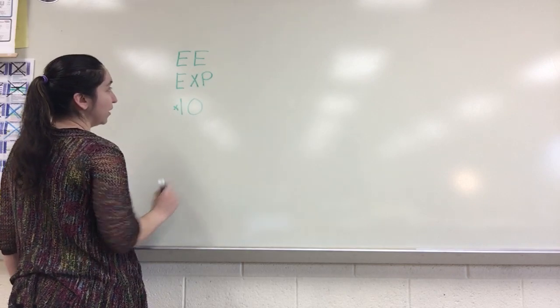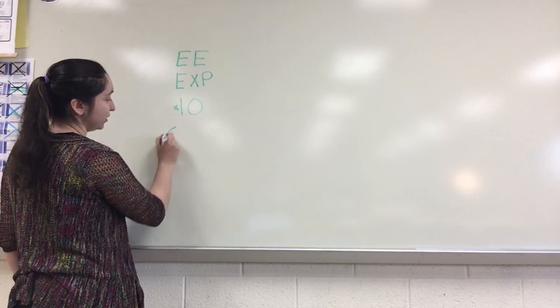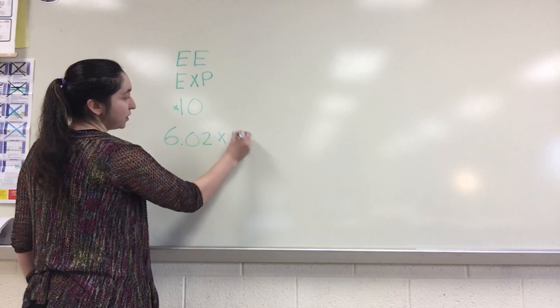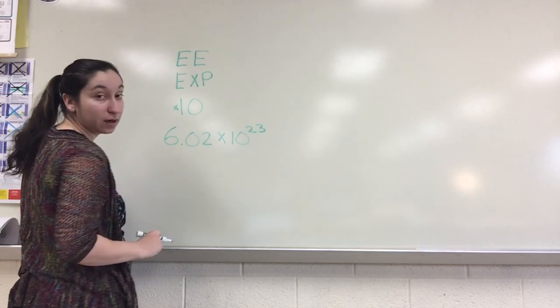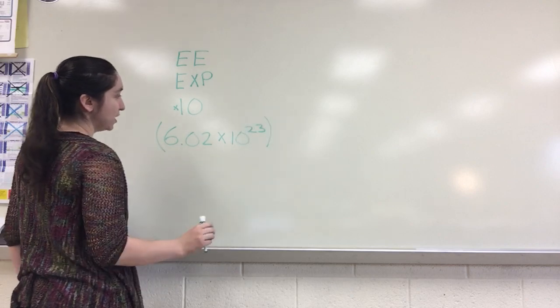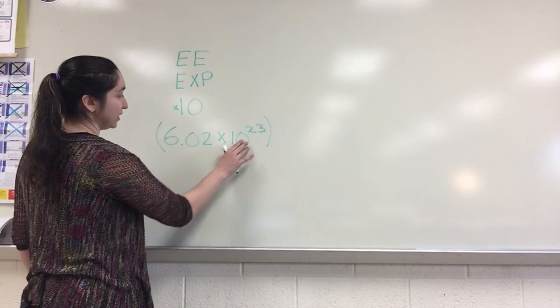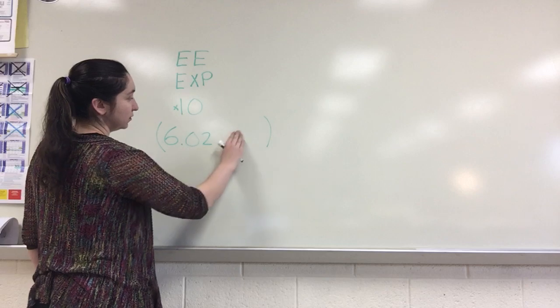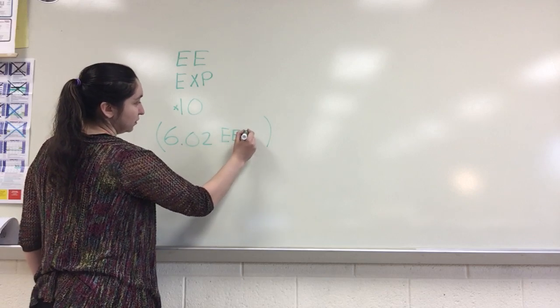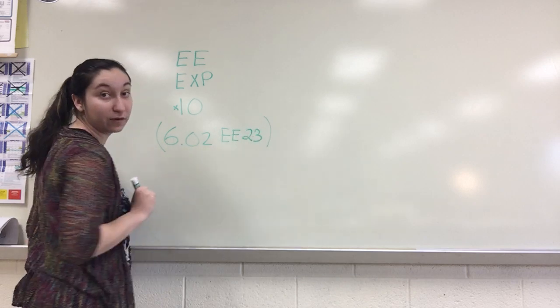So if I'm trying to write 6.02 times 10 to the 23rd, first of all, make sure it's in parentheses. And instead of writing times 10, you would write EE or EXP to 23.